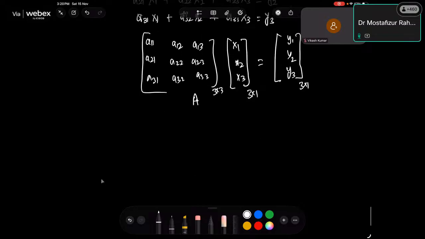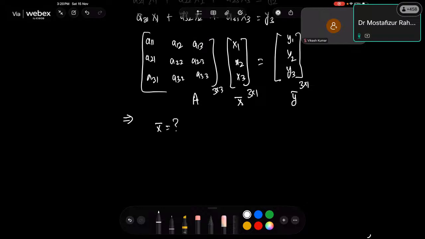Now, if we want to solve this problem, we are often interested, if it is x bar and y bar, in finding x bar. What is x bar? You will say it is A inverse y. But it is not always the case that you can directly invert this matrix.